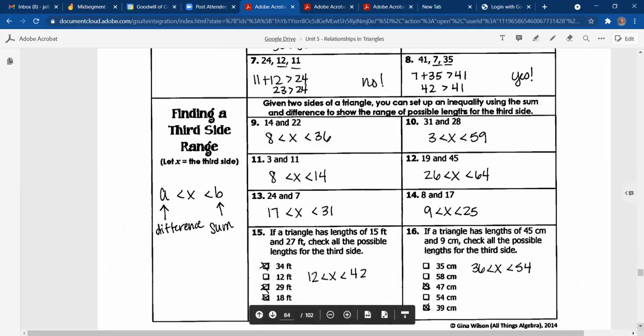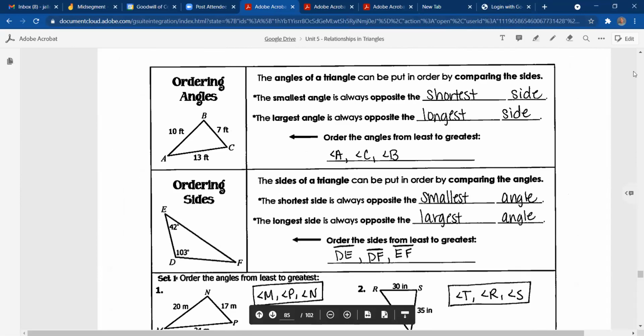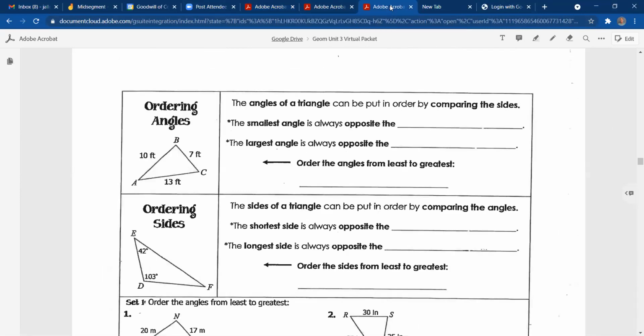The next part of this, if you had to put your angle measurements in order from smallest to largest or largest to smallest, you can do that based on the side lengths. Think back to the isosceles triangle. What do you know about 2 angles in an isosceles triangle? They're congruent.